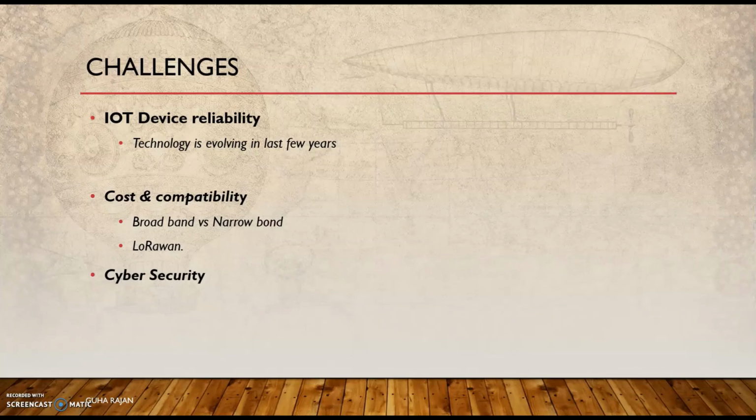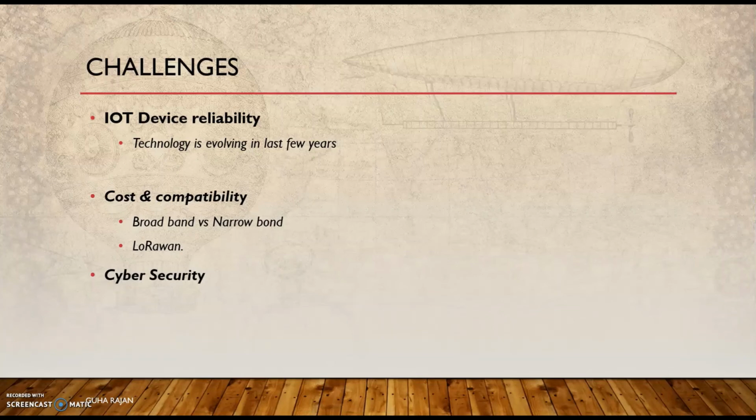Though it is reliable these days, it was introduced more than 8 years ago as Raspberry Pi 1, and now we are at Raspberry Pi 4, which has higher compute capabilities, better RAM, better stability, and so on and so forth. But still, it is evolving. So reliability is one factor, and I think over a period of time you will get there.